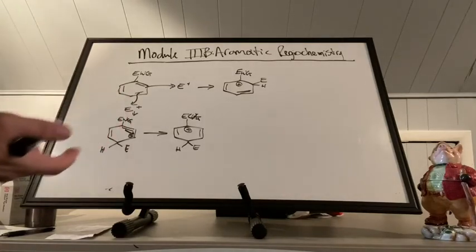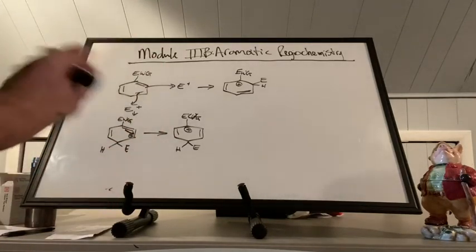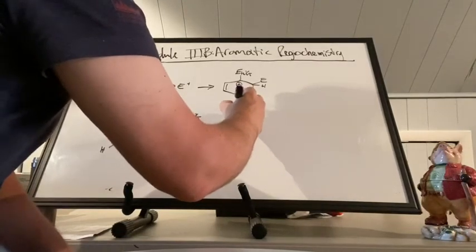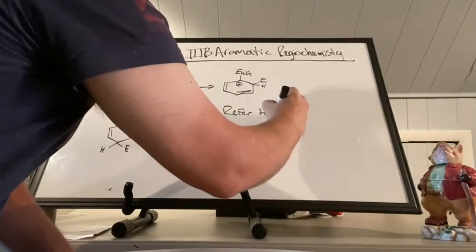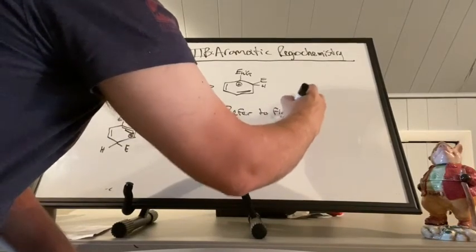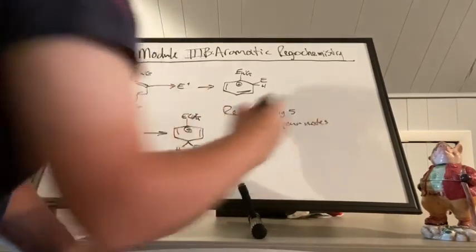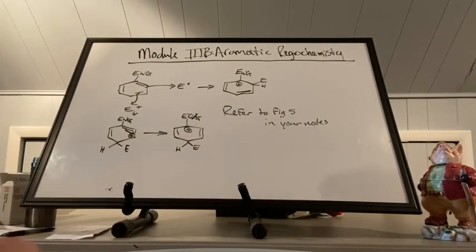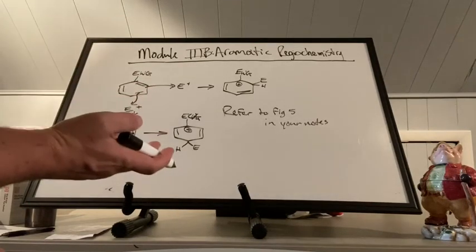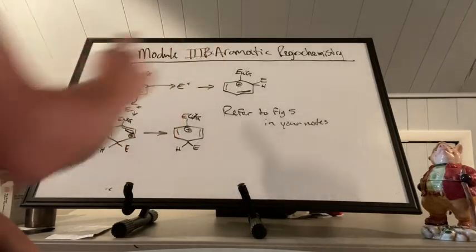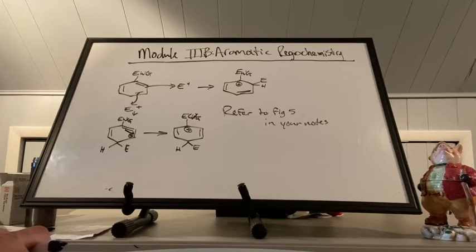So in other words, the best case is when you see meta. Again, refer to figure 5 in your notes. You'll have a total of 3 different resonance structures. You'll have 3 here as well, but the problem is that you're going to have a very poor resonance contributor, if you remember that particular concept.